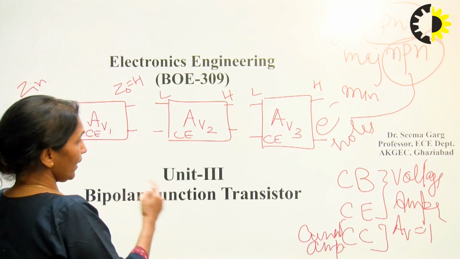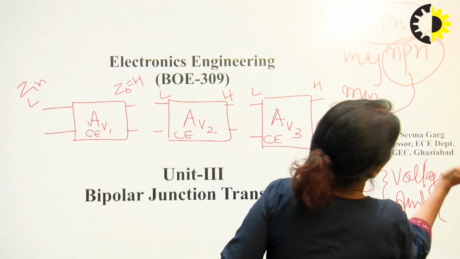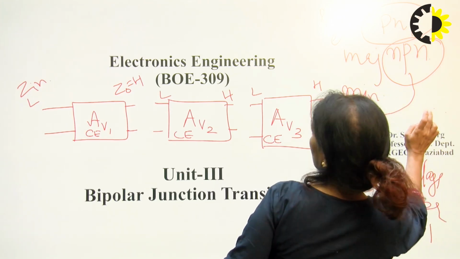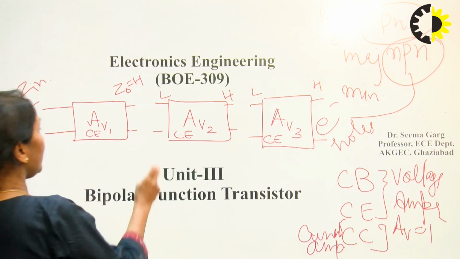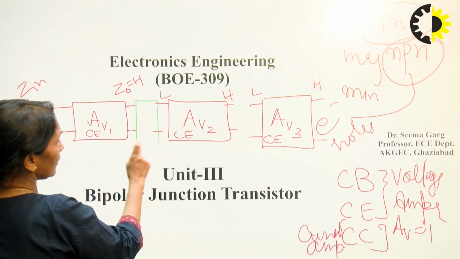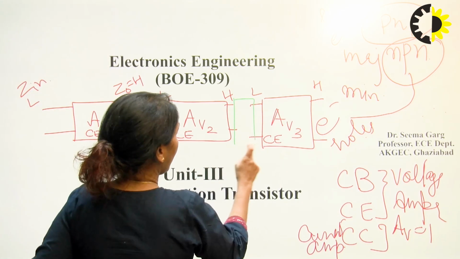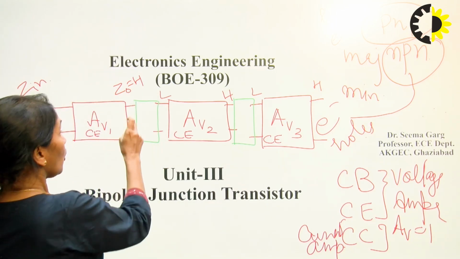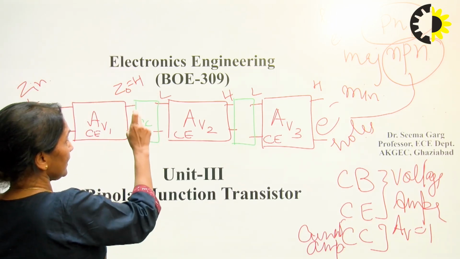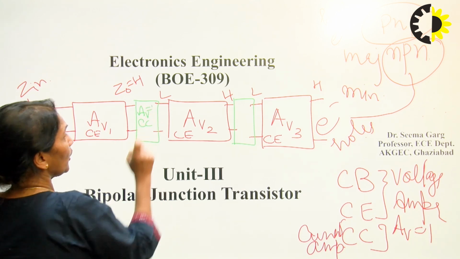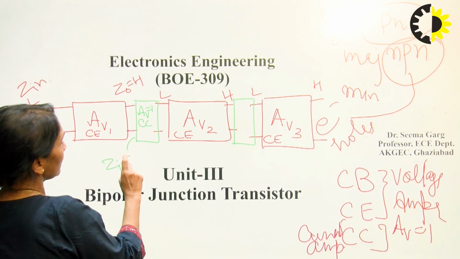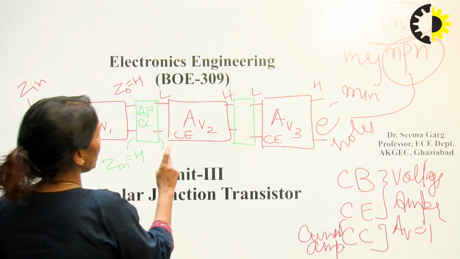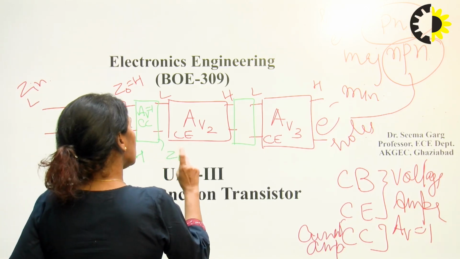So what if I connect a common collector amplifier, which has a voltage gain of unity, with its input impedance high and output impedance low?